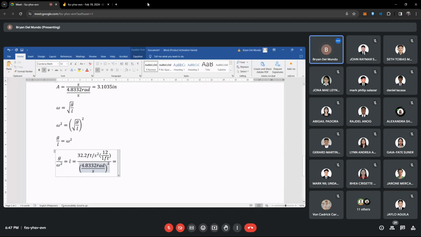So naka-square ito, no? So we have here our length is equivalent to, wait, let me check.